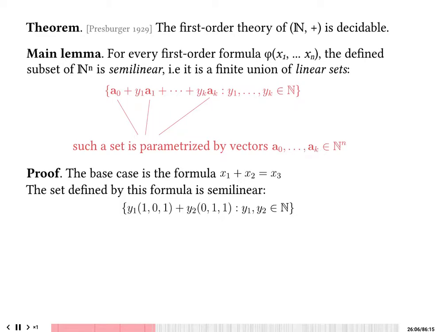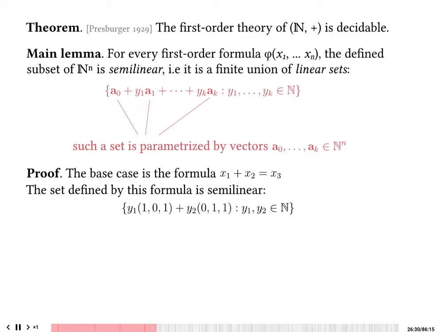Here, the basis vector is zeros, and it is just any vector which can be obtained by adding a non-negative combination of the vectors (1,0,1) and (0,1,1), because you can easily see that this spans the vectors which form a legal addition tuple. So this is a semi-linear set.